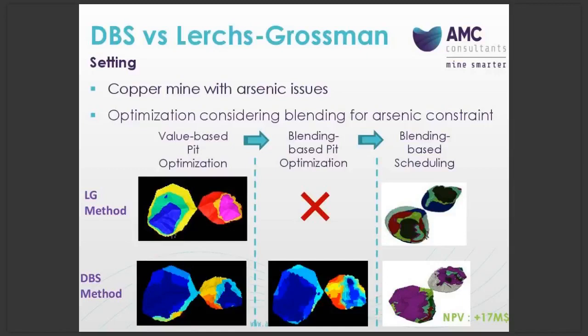By following a more traditional approach and using the Lerchs-Grossmann pit optimization, we're able to define pushbacks based on value, and you can see that in the top left-hand side picture.